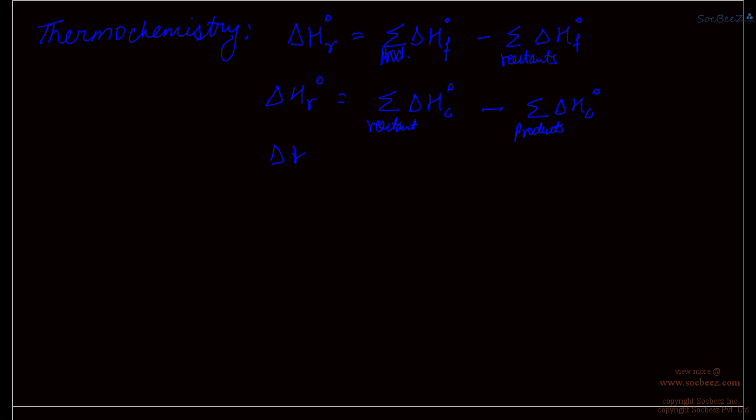Or delta H R, heat of reaction, is also expressed in terms of bond energy, that is, summation of bond energy of reactants minus summation of bond energy of products. So there are some other related expressions as well. Therefore, heat of reaction can be calculated in many ways.